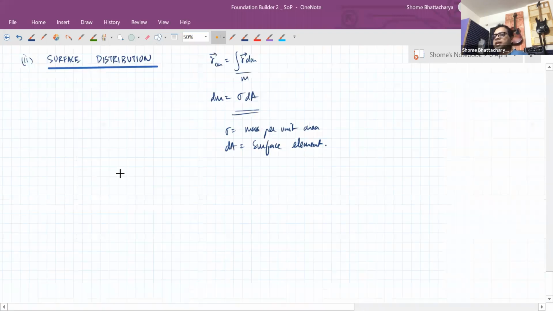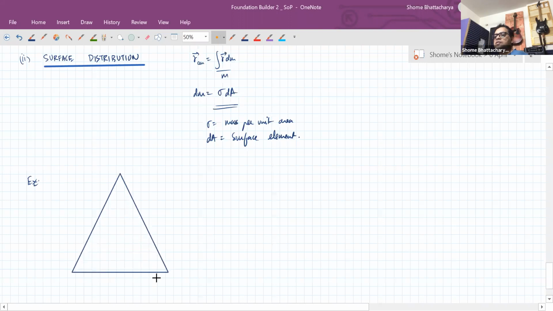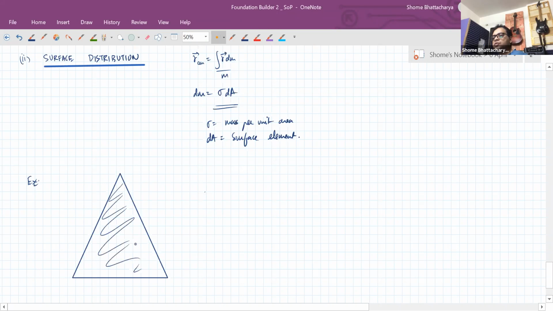Now I'm going to take the example of an isosceles triangle. Although we know how to calculate the centroid of the isosceles triangle using geometry, we will use integration over here.